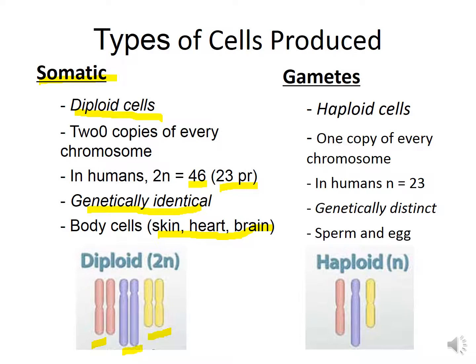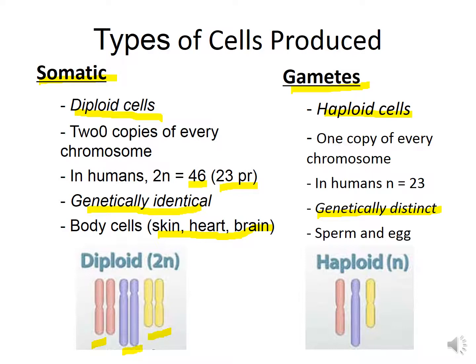Now let's compare that to a gamete. Gametes are produced by meiosis. Gametes are genetically distinct or different from one another, and they are haploid. So what this means is that there are no 2 egg cells or sperm cells that are genetically the same. They are all different from each other.